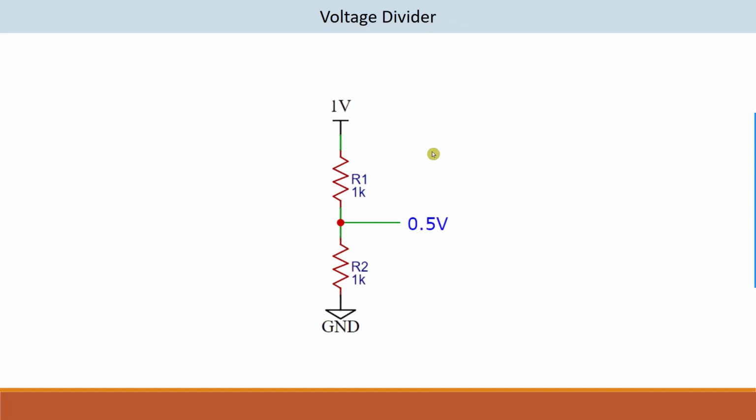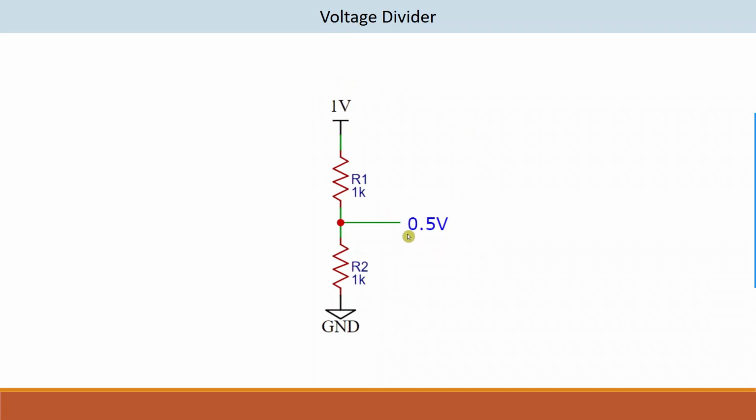The voltage divider gives half of the input voltage with two equal value resistors, with the output at the middle. As you can see here, the input voltage is 1 volt, and the output voltage is 0.5 volt.